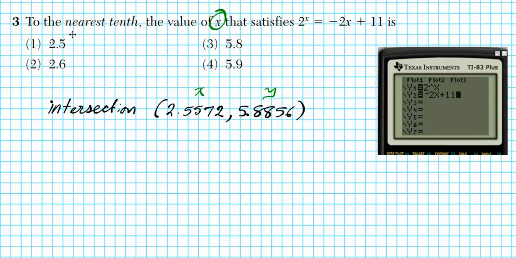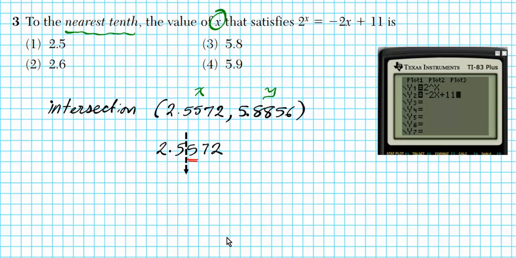We're asked to round it to the nearest tenth, okay? So you have to be careful with your rounding here. So we are extracting this. So we have 2.5572, rounding it to the nearest tenth or the first decimal place. You look at the number behind it. Is it 5 or greater? You carry 1. If not, then you truncate.